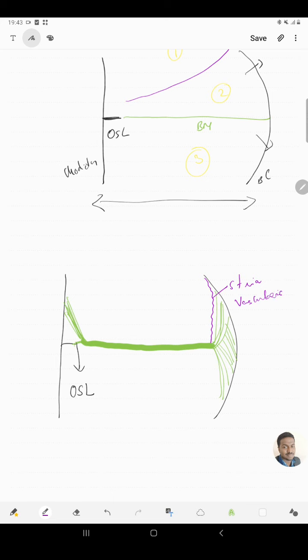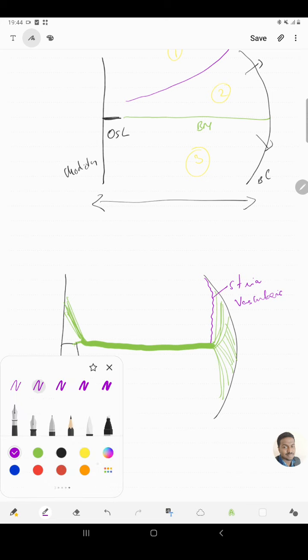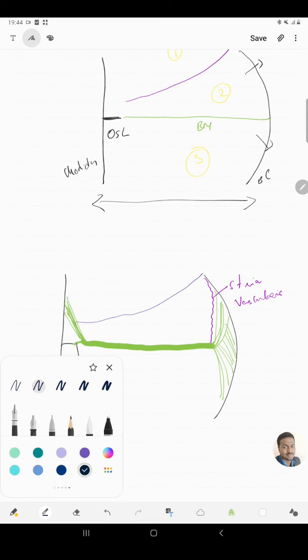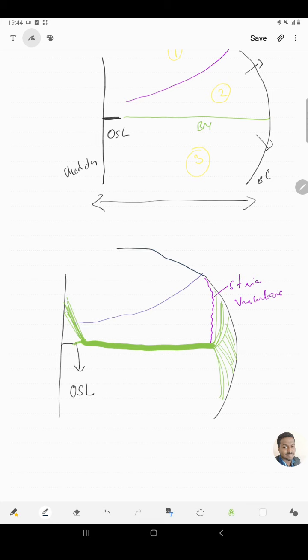Stria vascularis over here. Now we have also studied the Reissner's membrane, which attaches from here to here. Now this is the complete compartment. This compartment becomes the upper compartment, this is the middle, and this is the lower compartment, right? Now we are going to label these compartments.